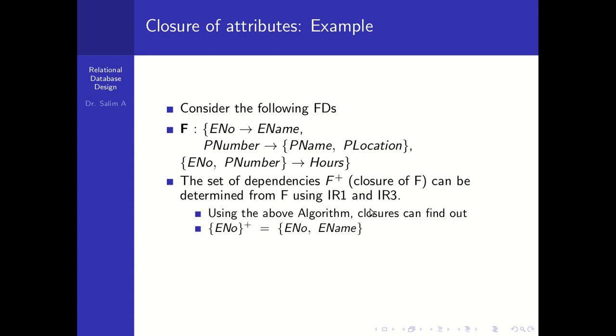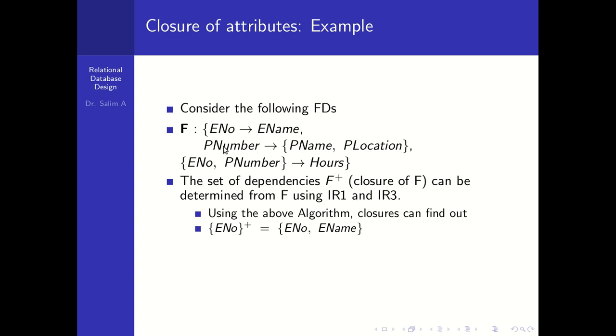Using the above algorithm, you can find out E number closure. What is E number closure? E number is added first, so currently it contains E number. That is why E name will also be added. Look into the other FDs given. Will any left hand side be in this one? No. This is P number, this is E number, P number is not in the set.